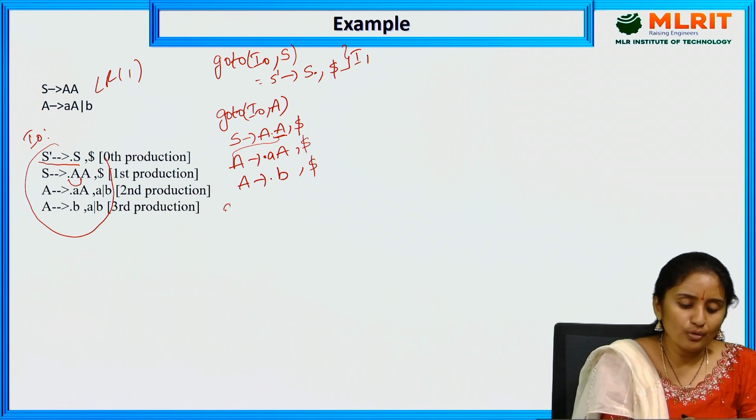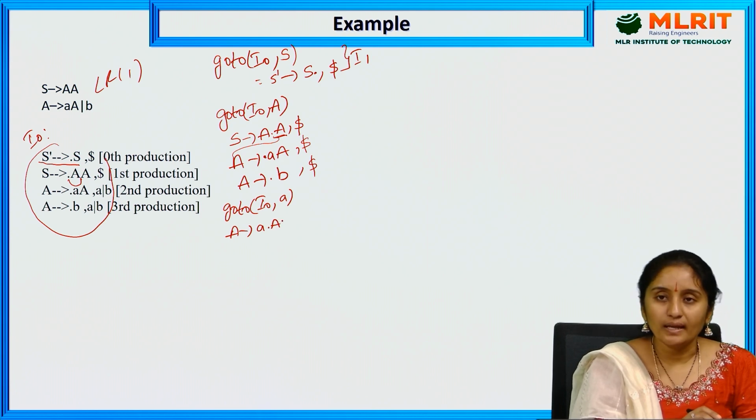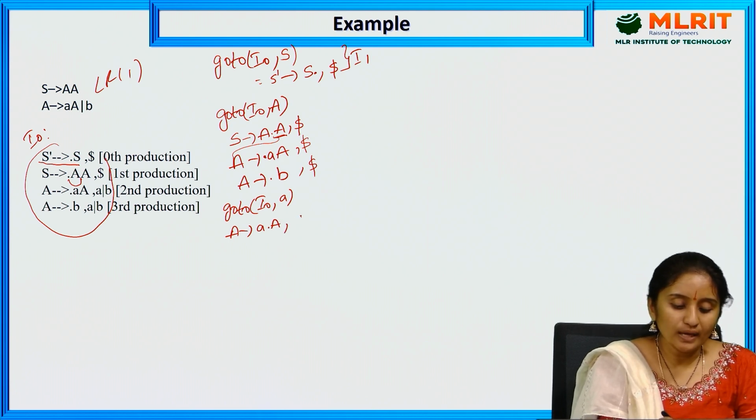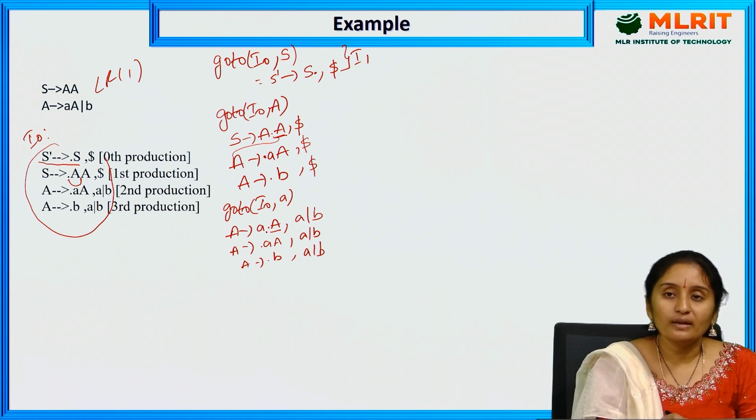Now next, goto(I0, small a). A tends to a dot A. After the dot, again I got A. As A is a non-terminal, we are going to write the non-terminal productions here: A tends to dot aA, A tends to dot B. After this there is no more non-terminal, so directly we write the same look ahead symbols, a or b.